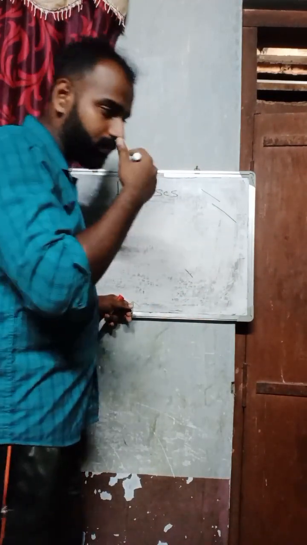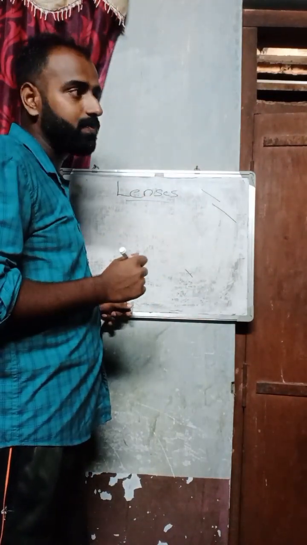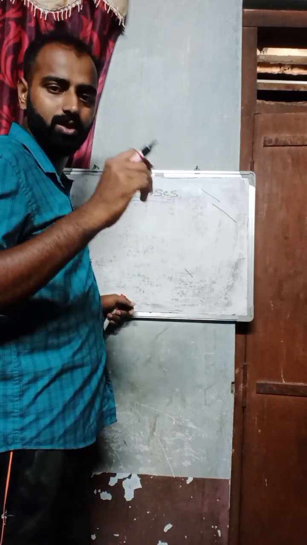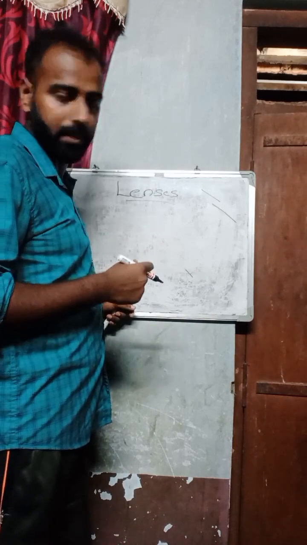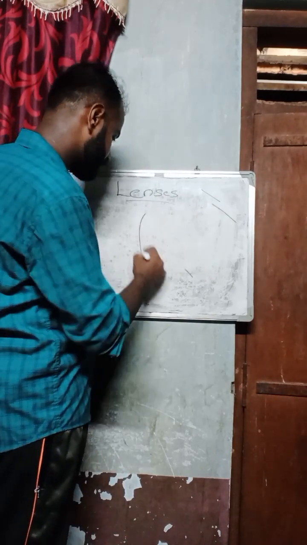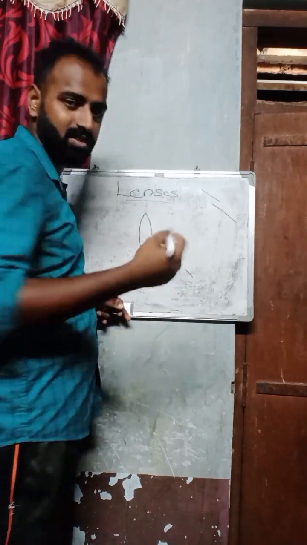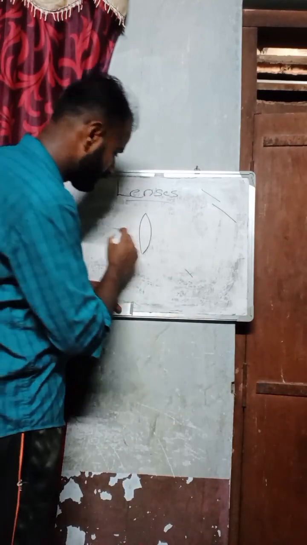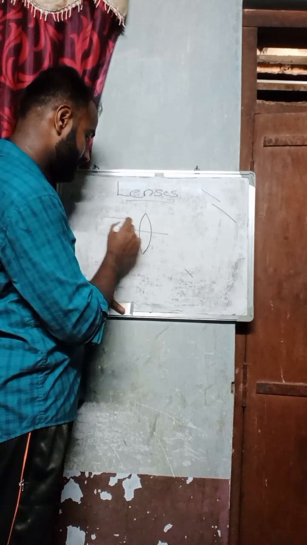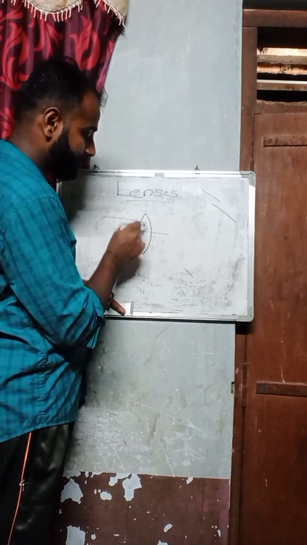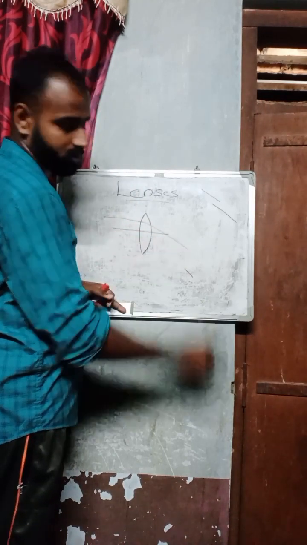But for an introduction, there are some rules for drawing the ray diagram. First rule: the light rays coming from infinity, parallel to the principal axis of the lens, after refracting will converge to a focus.